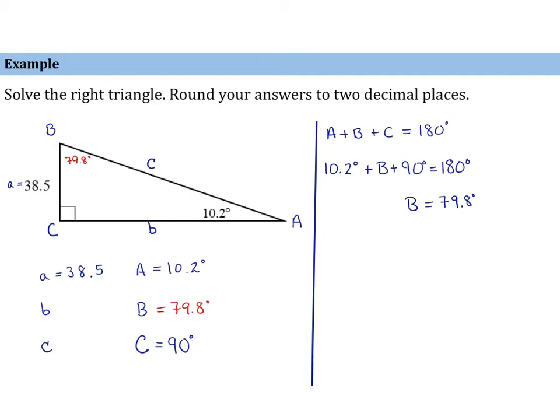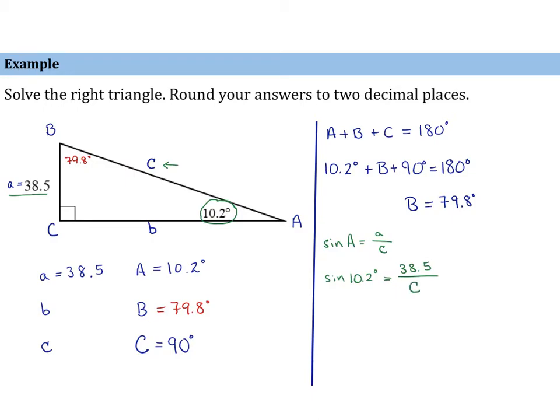We know angle A and its opposite side, and we need to find the hypotenuse. So sine of A should equal a over c, which means that sine of 10.2 degrees should equal 38.5 over c.